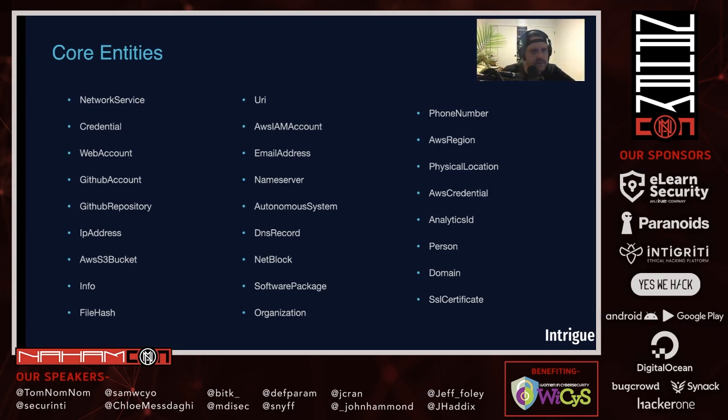GitHub accounts, network services being things like SMTP or FTP. And so these are really real world things that can be pushed into a task. They're loaded into a task. The task runs and creates more entities. And so this is kind of the set of concerns. They're simple to create. They're effectively just a regex and some metadata.